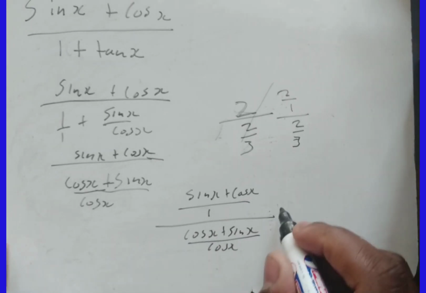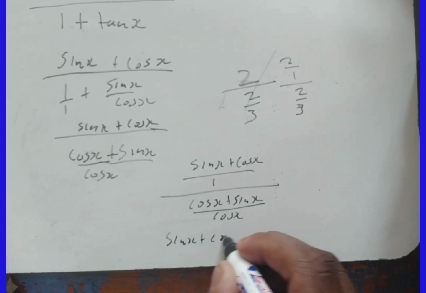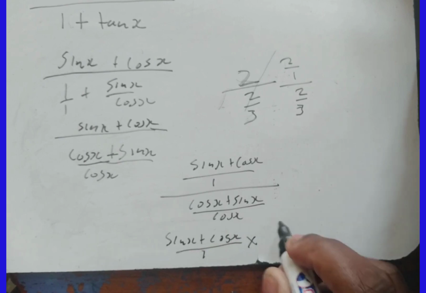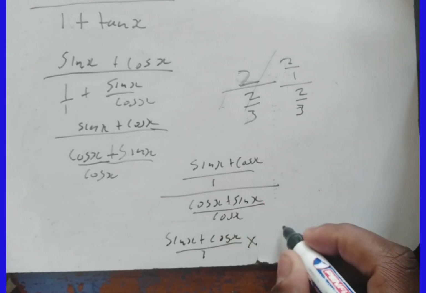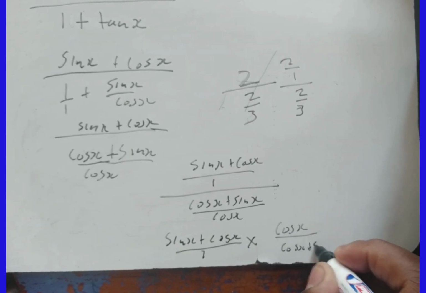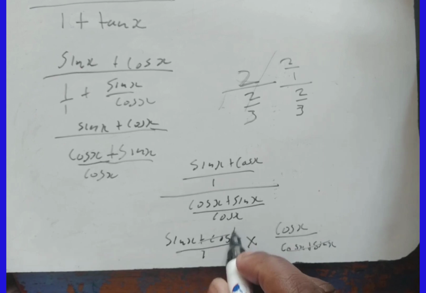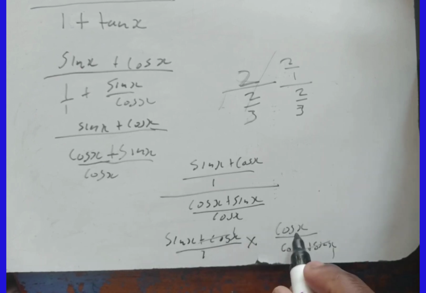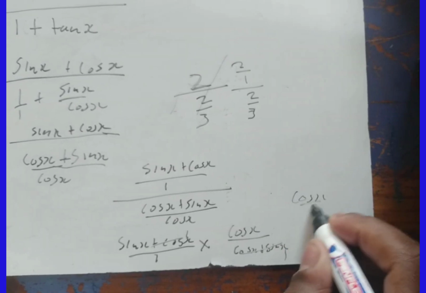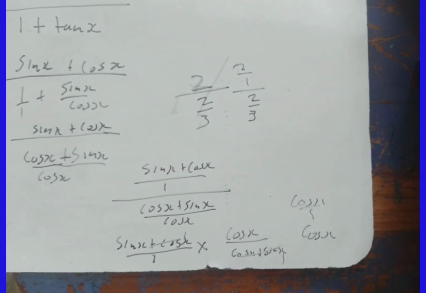So when we tip and times, this becomes sine x plus cos x over 1 times, now remember, you switch, cos x over cos x plus sine x, and then now this cancels out, and then now we'll be left with 1 over 1. Then 1 times cos is cos, 1 times 1 is 1, so we'll have cos x over 1, which is still cos x. So that's the result, that's the answer.